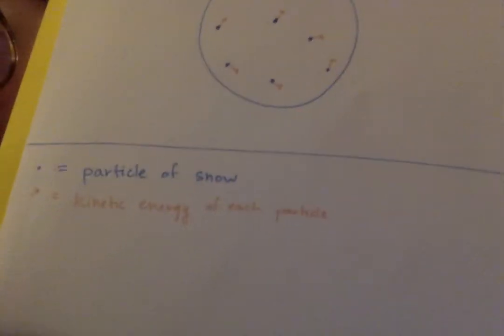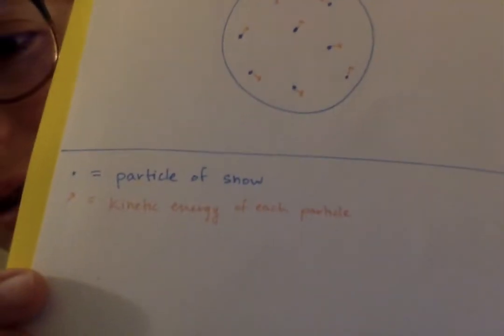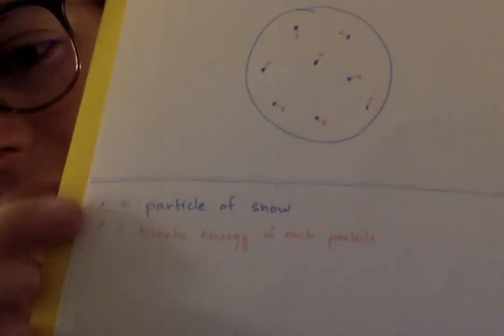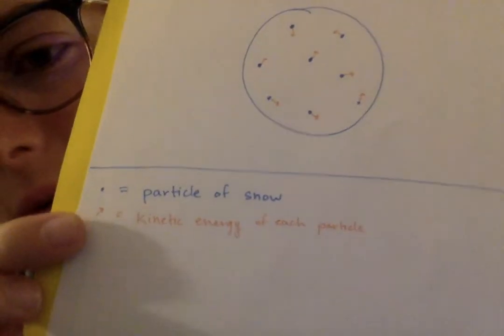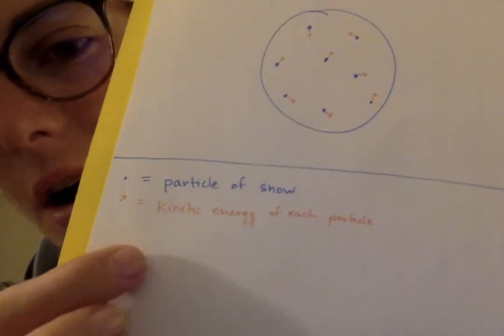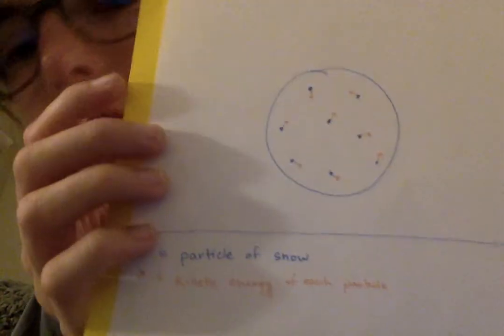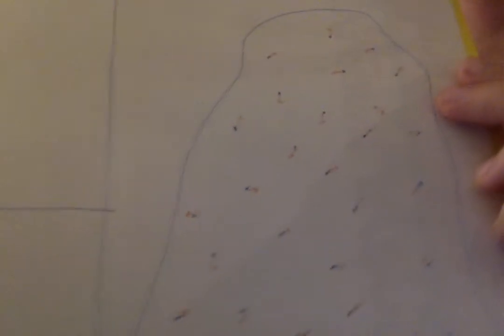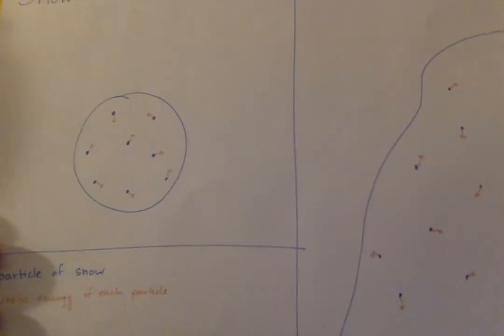I drew a little key down here. So the particles are the little dots, and then the arrows represent the kinetic energy of each particle. So the kinetic energy of each of those particles is about the same, which means those two items, the snowball and the pile of snow, are the same temperature, right?